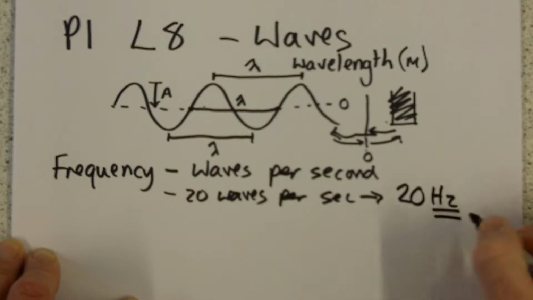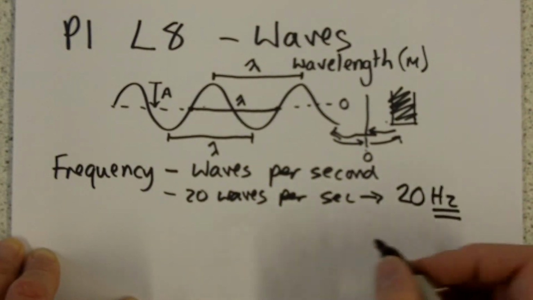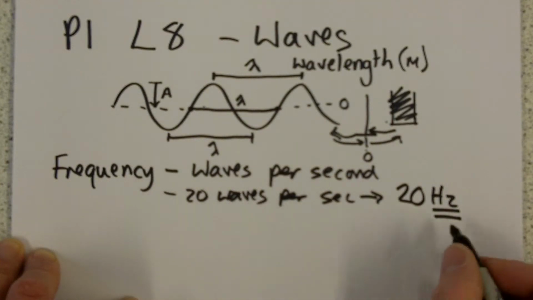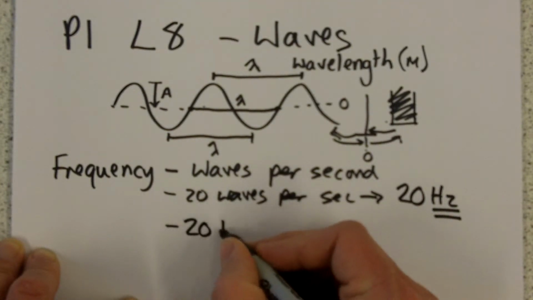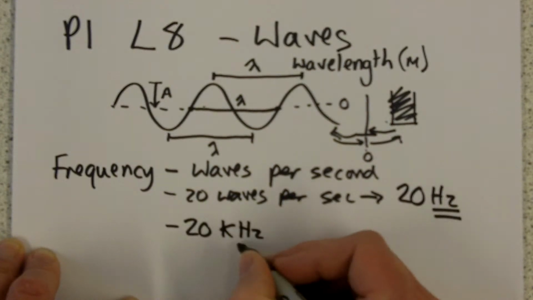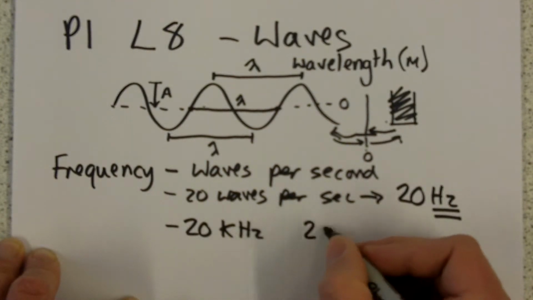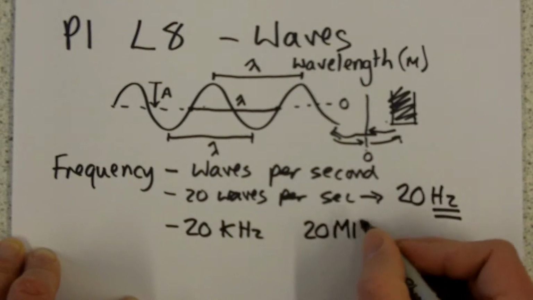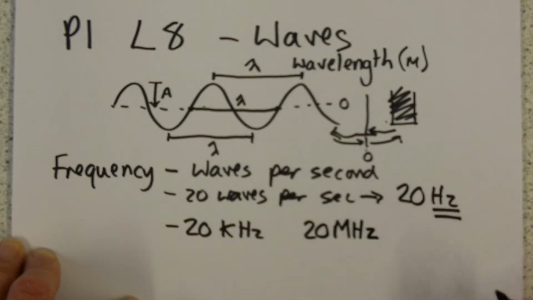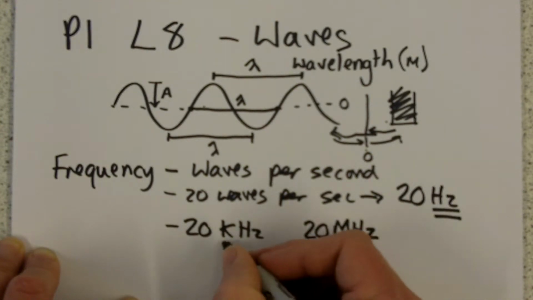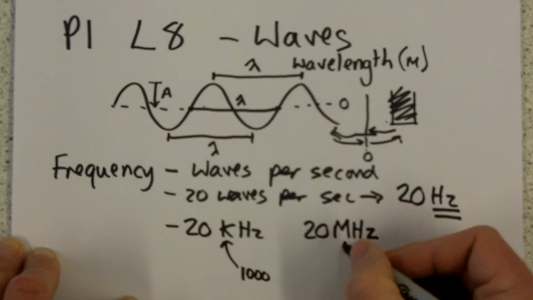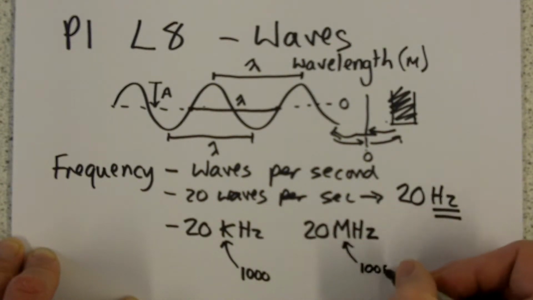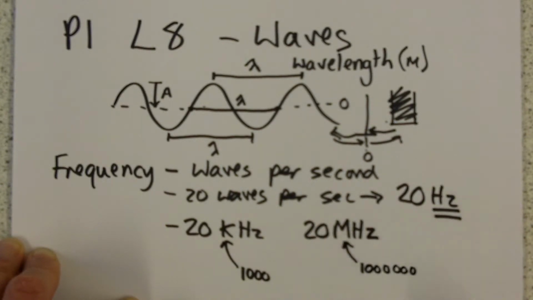So hertz is the unit of frequency. Now obviously some waves are much faster than that. If we had 20,000 waves per second, that would be 20 kilohertz. Or if we had 20 million waves per second, that would be 20 megahertz. So these prefixes are often used. K means 1,000. M stands for mega, which means a million.